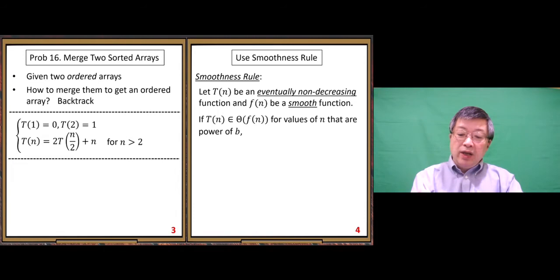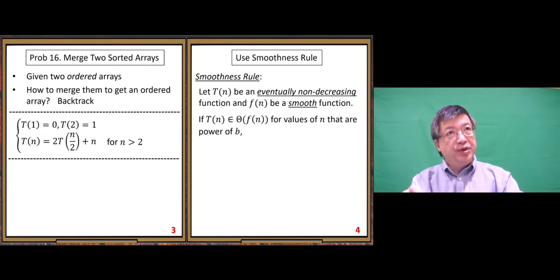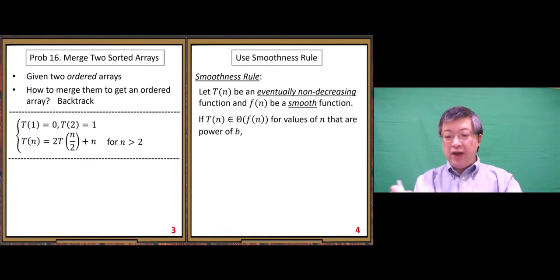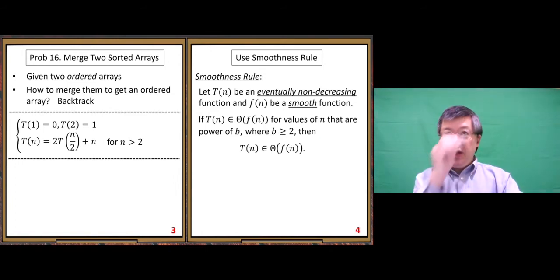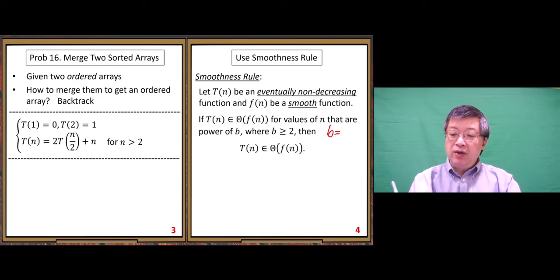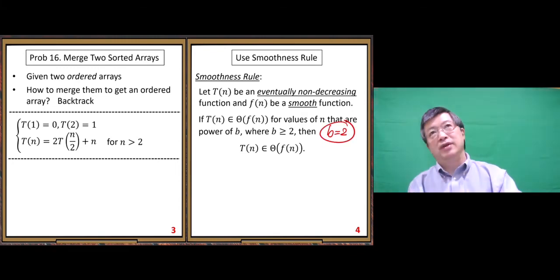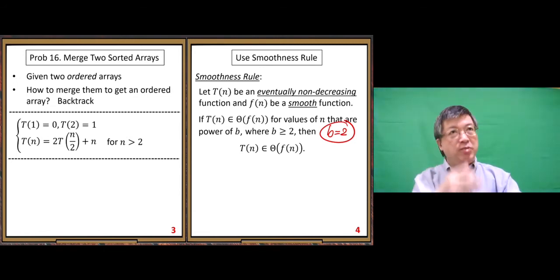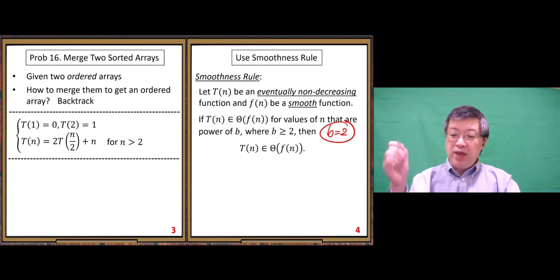If t of n belongs to big theta of f of n for values of n that are powers of b greater or equal to 2, in our case b equals 2, so we have a special result for powers of 2, then the conclusion is t of n belongs to theta of f of n for the general n.